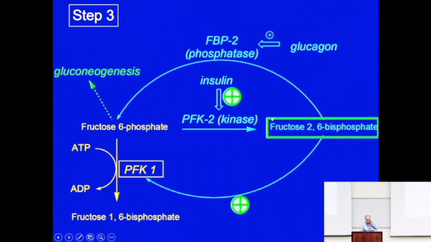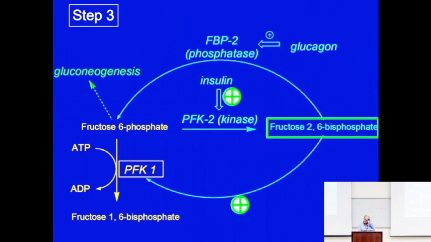You form this in the cytoplasm, it's going to activate PFK-1, and that activates the rest of glycolysis. So I want you to appreciate that PFK2 is not directly involved in glycolysis, but it's important in producing this allosteric activator, fructose 2,6-bisphosphate, allosteric activator of PFK1.